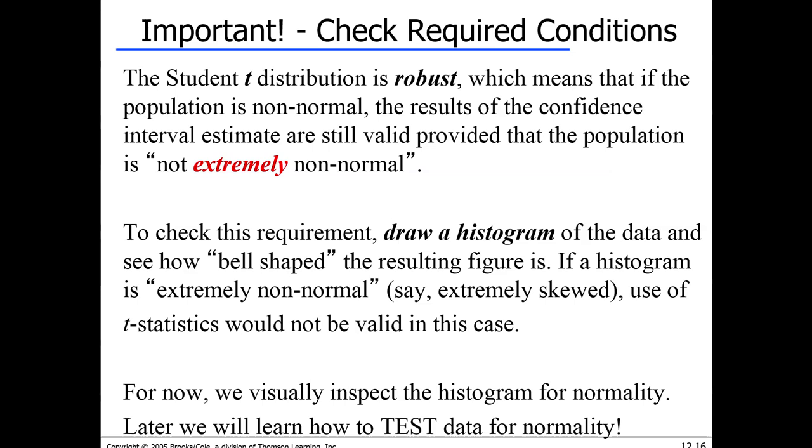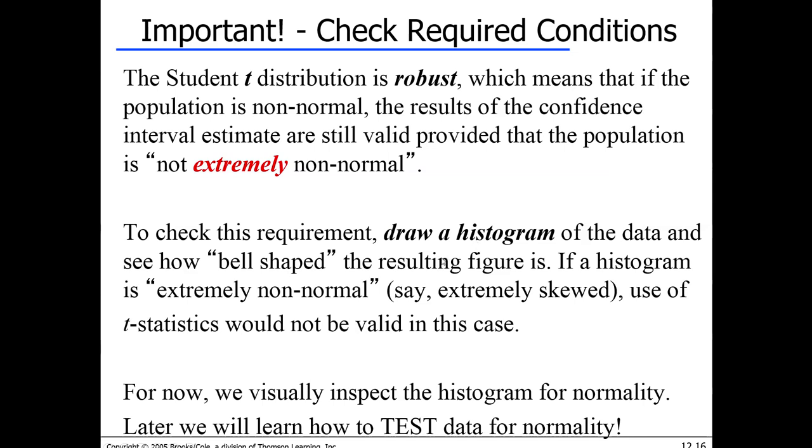So therefore, every time we discuss estimation of the mean, we basically need to require that your data behaves nicely. And what that means is it's normally distributed or close to normally distributed. When it's extremely non-normal, such as very much skewed on the right or highly skewed on the left, or it has 2 big peaks or 3 different big peaks, and just doesn't look like a bell-shaped distribution at all, this test does not apply.